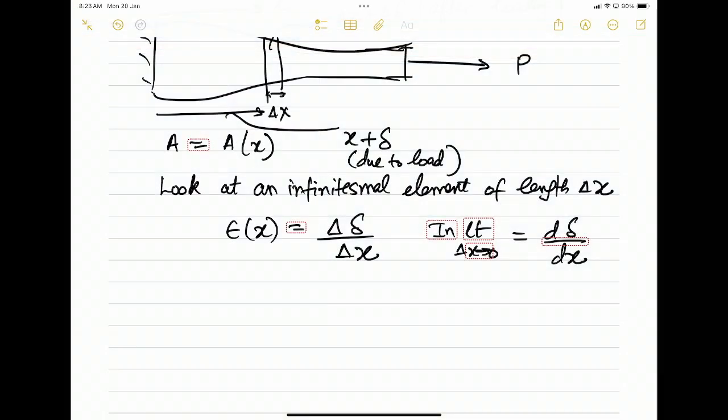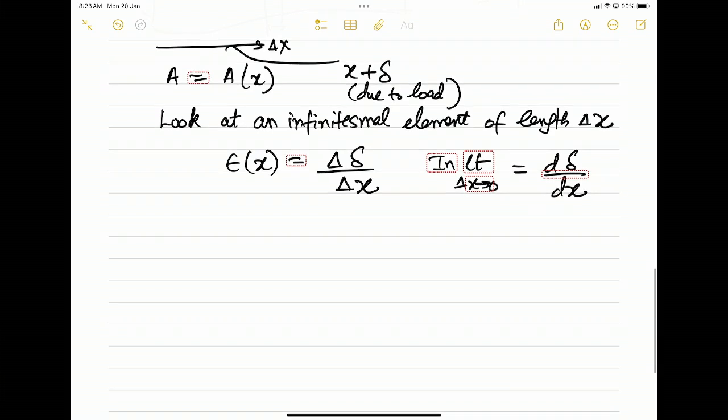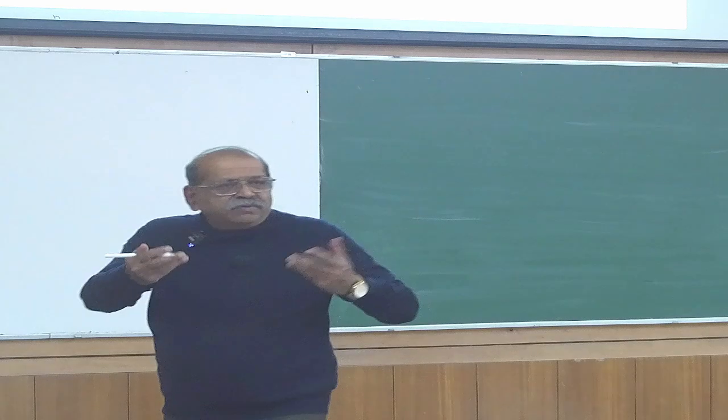Now, if we look at SI units, we have had a full discussion, lectures on stress, but we didn't even talk about the units of stress. That is something quite straightforward.